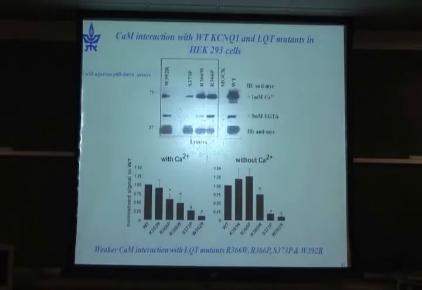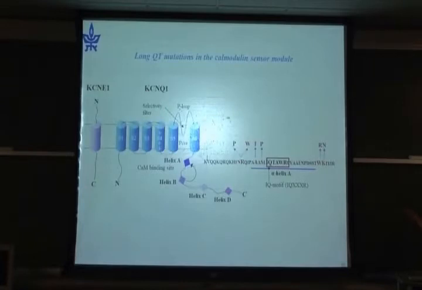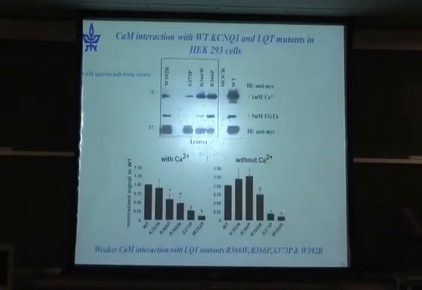So what is the impact of these long QT mutations? We analyzed a few of them, of course not all of them, and we first checked the affinity of calmodulin for these long QT mutants, which are located within helix A, at the boundary of what we thought was the predicted helix A. We compared the binding of calmodulin using a calmodulin pull-down binding assay, and we quantified that.